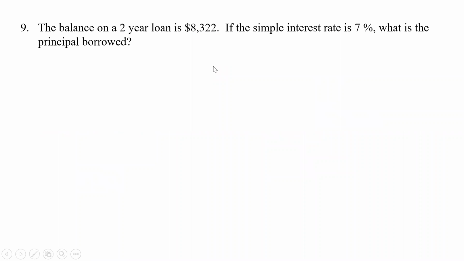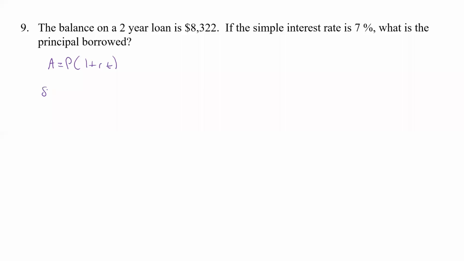All right. So this one says a balance on a 2-year loan is $8,322. If the simple interest rate is 7%, what is the principal borrowed? So it looks like just like the last problem, I think. We have A equals P times (1 plus RT). We have the time, we have the balance, and we have the rate.